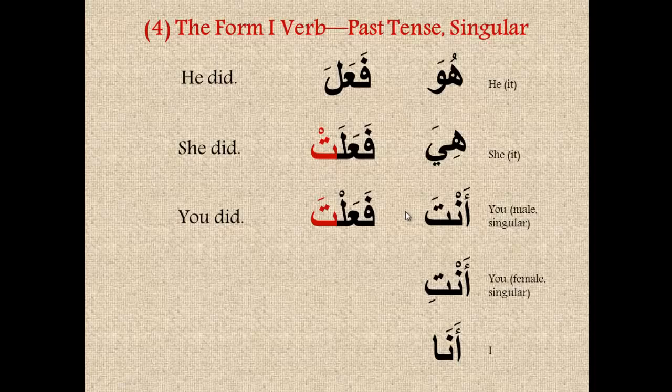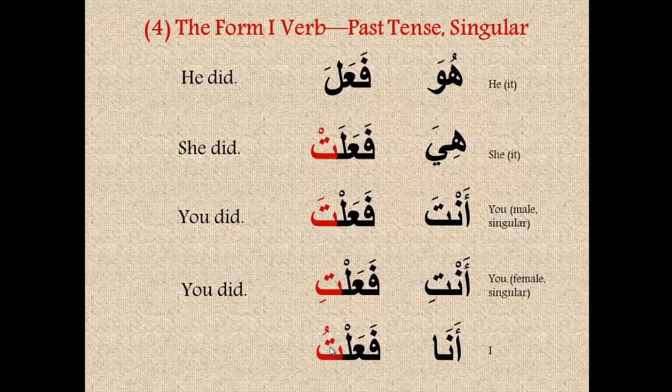Conjugating for anti, we say fa'alti. The ti corresponds to the ti in anti. Again, it rhymes. This helps us memorize this conjugation scheme. Anti fa'alti, which means you did, but again, we're referring to the feminine you. And last but not least, ana, I, ana fa'altu.